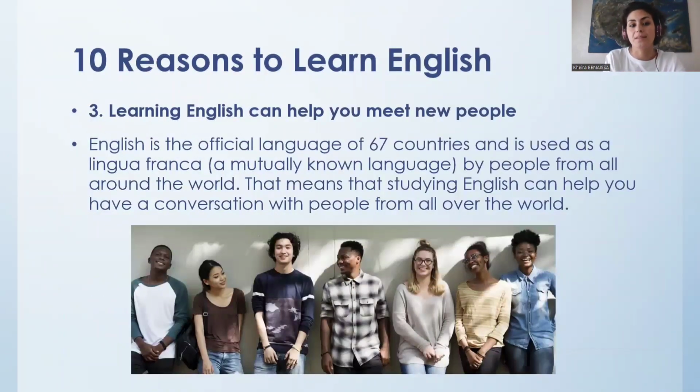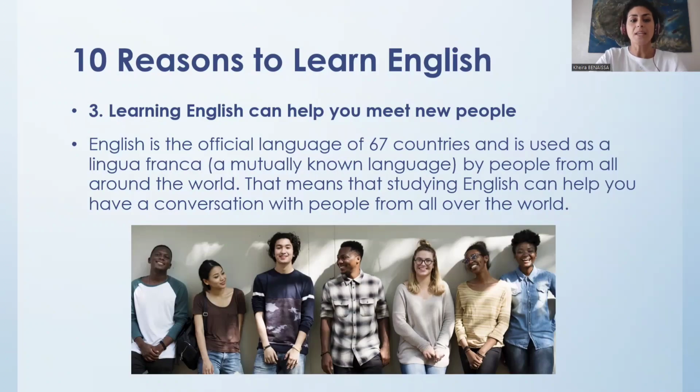The third reason, learning English can help you to meet new people. English is the official language in social media. So if you want to get new friends, to meet new people all around the world, you absolutely have to learn English.